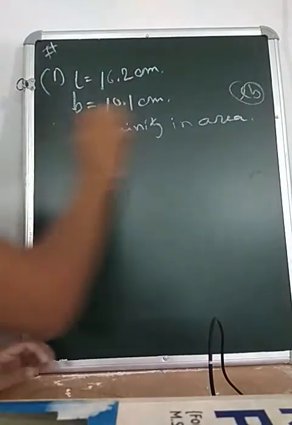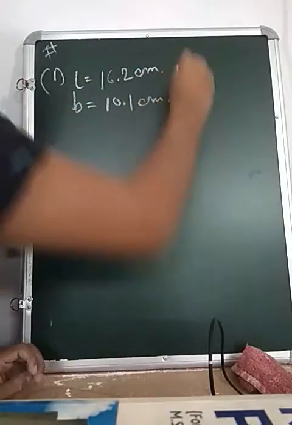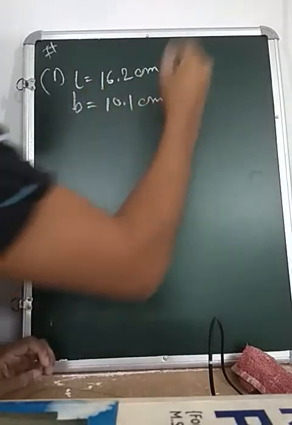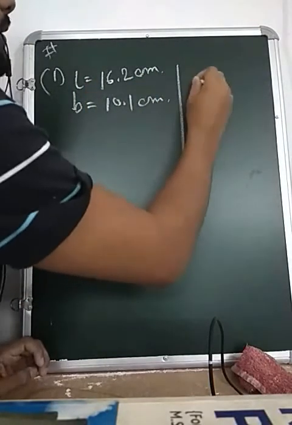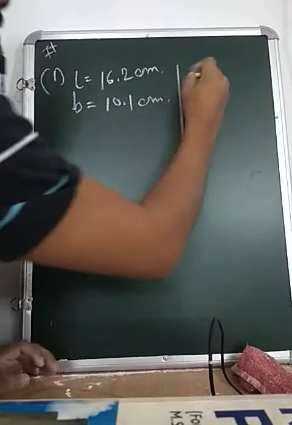I have mentioned earlier that for representing significant figures, how do we represent them?